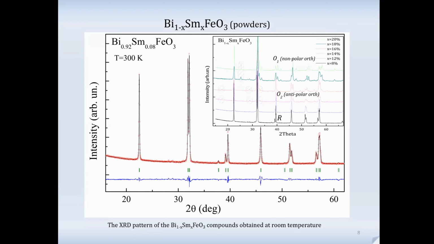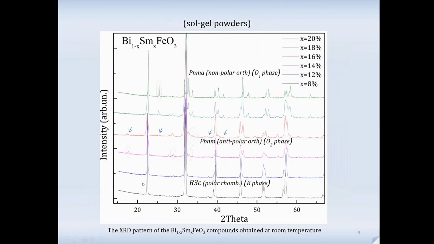In general, the evolution is the same, as a function of samarium content. In general, it goes from rhombohedral to nonpolar orthorhombic. And on the next slide, I have this enlarged. Here, on the inset, you can see that at low content of samarium we have a pure single-phase rhombohedral structure, like for ceramic compounds.